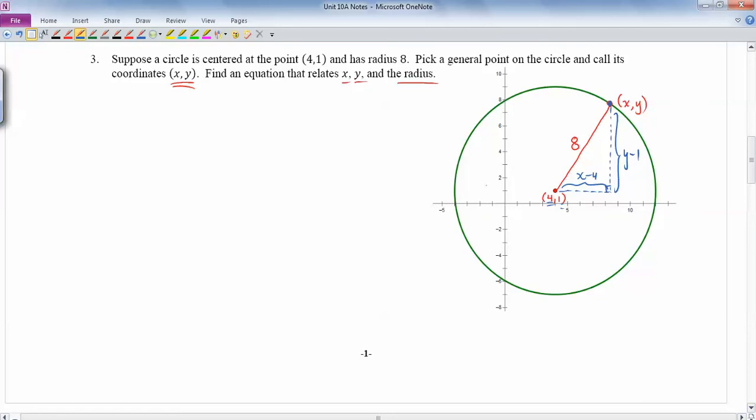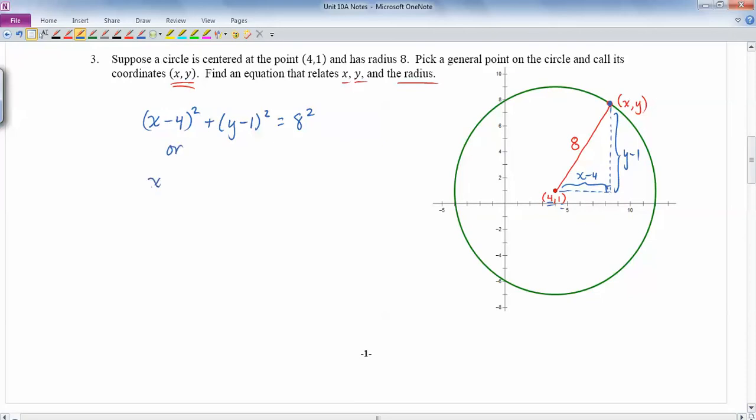So then if I said find an equation that relates x, y, and the radius, well, here it is. It's x minus 4 squared plus y minus 1 squared equals the radius squared. Or you could also square out the 8.